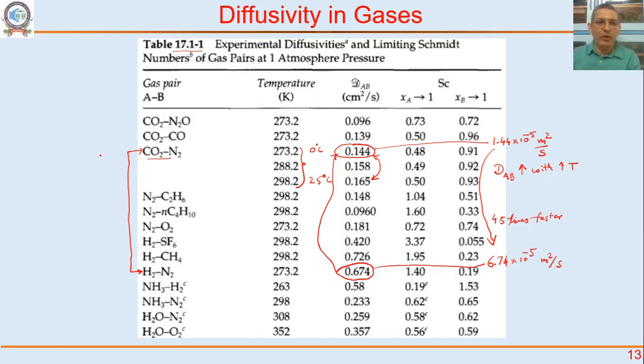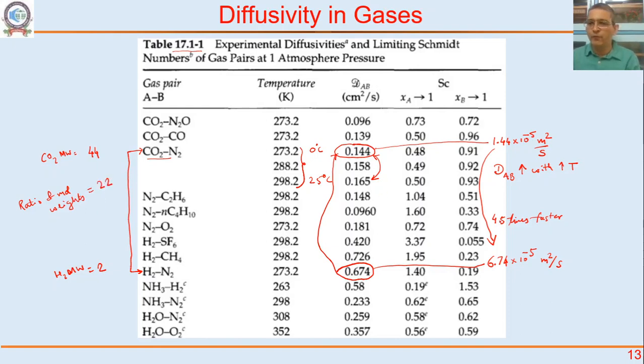And if you look at the molecular weight, the molecular weight is 44 for carbon dioxide and the molecular weight for hydrogen is 2. That means this ratio of molecular weights is 22.